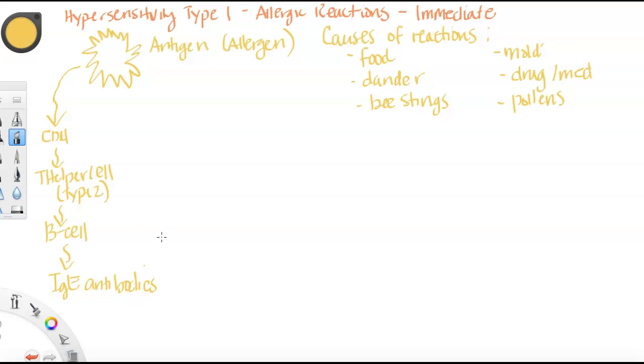Okay, so during that initial sensitization time, and usually during the first exposure, you're not really going to exhibit a lot of symptoms. You might, but a lot of times it's completely asymptomatic. So these IgE antibodies during this first initial exposure attach themselves onto mast cells.